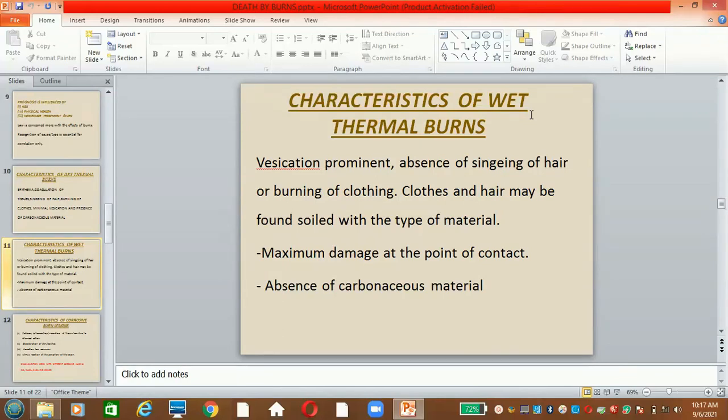Burning of clothes is not there, which is there in dry burn. Clothes and hair may be found soiled with the type of liquid used. Maximum damage is at the point of contact, and there is no carbonaceous material, no black material present in these burns.